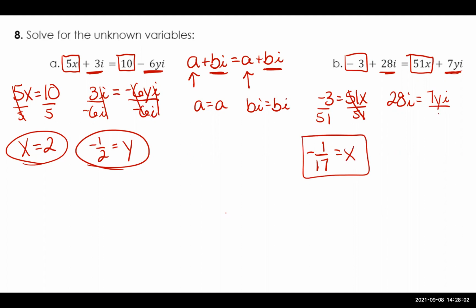Then on this one, we're going to move things away from the y. So I'm going to divide by 7i. We're just left with y. 28i divided by 7i would be equal to 4.